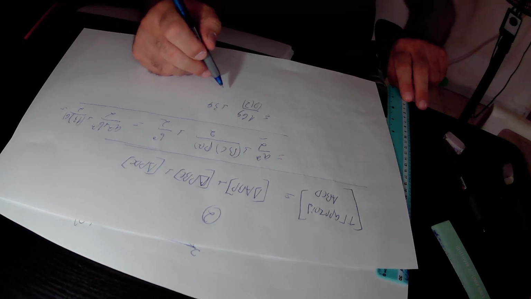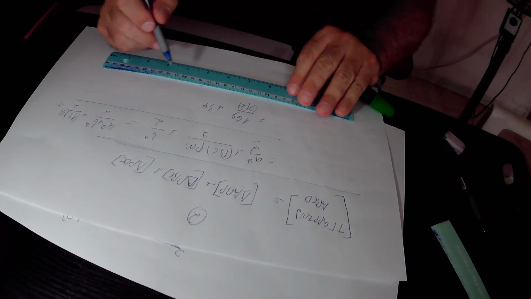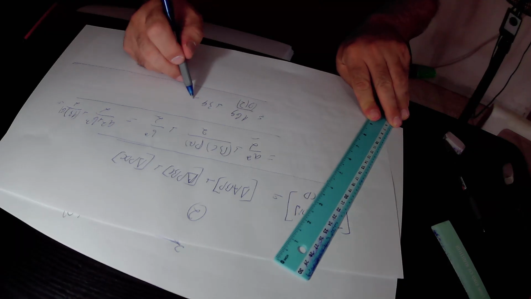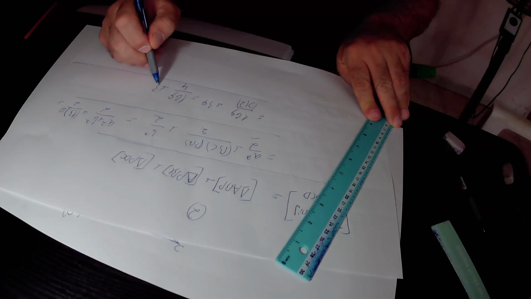So the area of trapezoid ABCD equals 169 over 2 times 2, that is 169 over 4, plus 39.